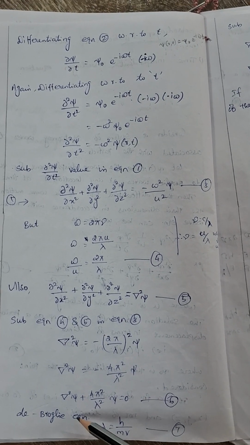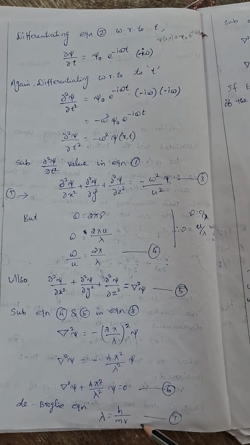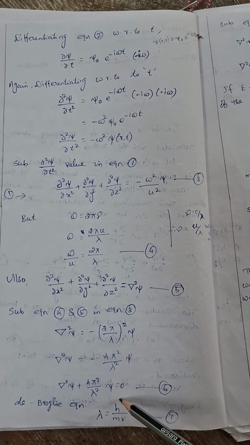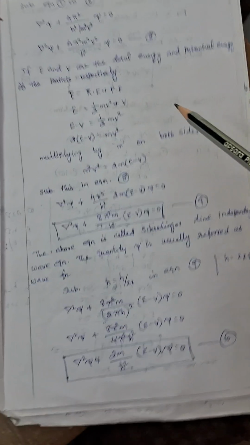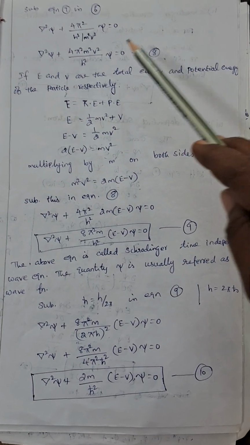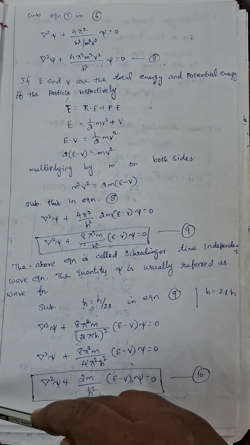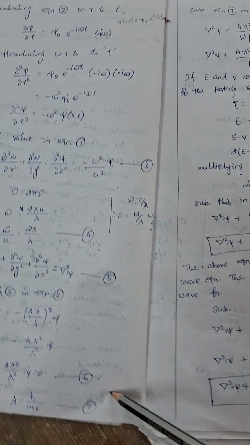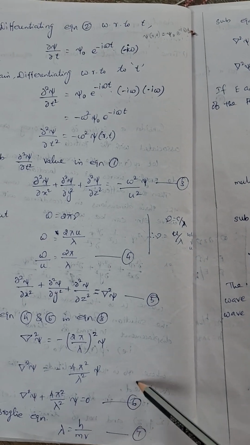So we know the de Broglie equation: λ = h/mv. This is equation 7. So substitute equation 7 in 6.